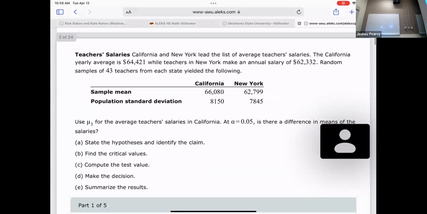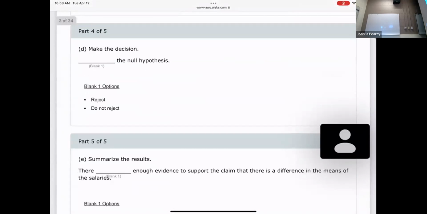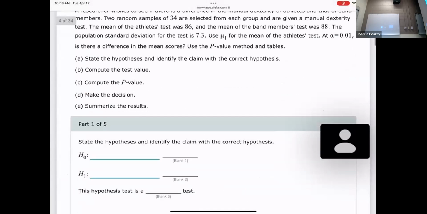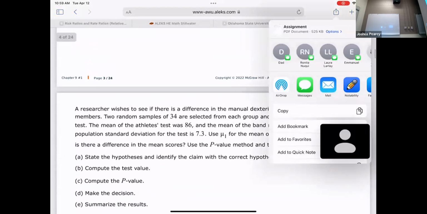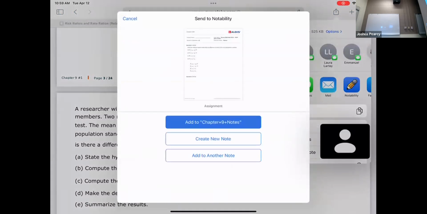How many of you actually started on this? Is there a specific one you want me to look at? Anyone? Let's do this real quick. Send this to Notability. Create new note.